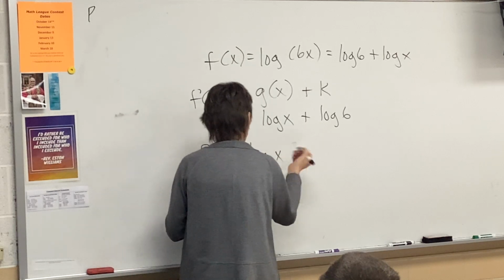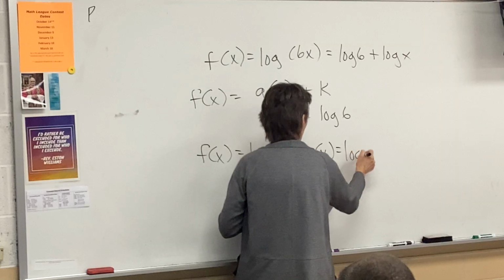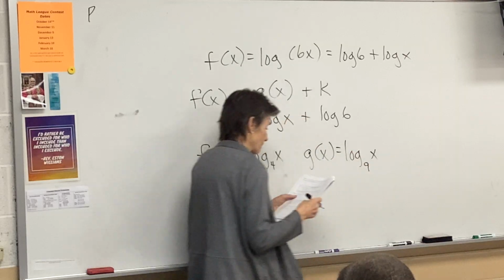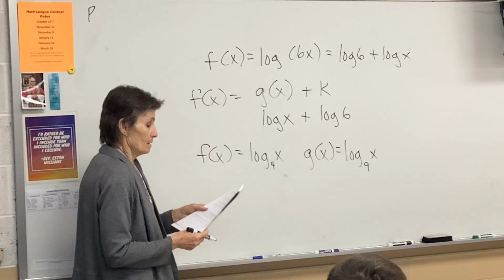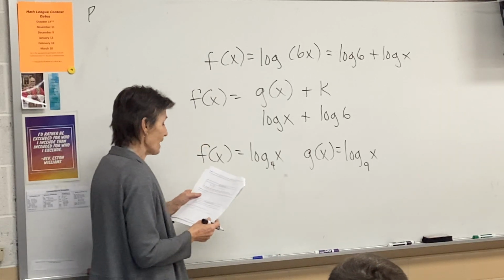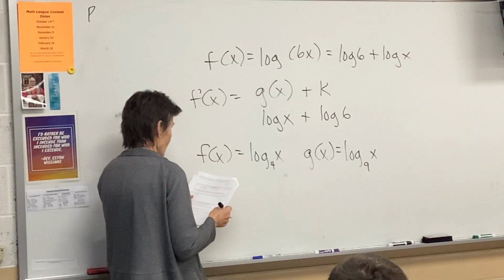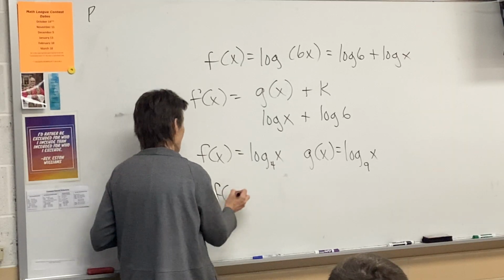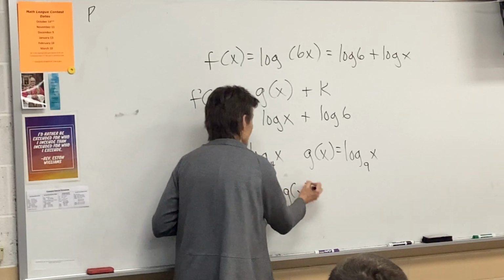One's a base 4 standard logarithm, and the other one is a base 9 standard logarithm. We're going to show that f is a vertical dilation of g by finding the value of k, so that f of x equals k times g of x.